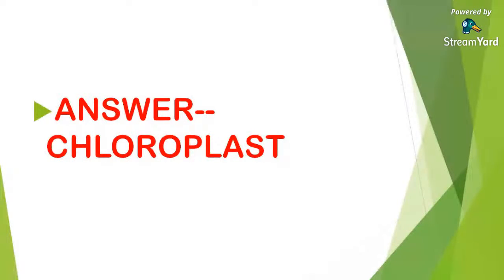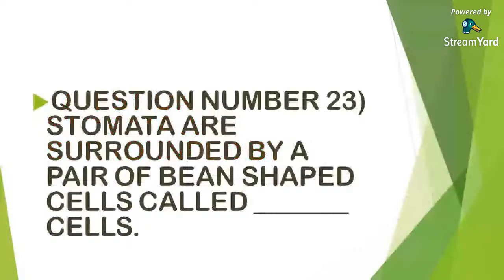Okay. So now, the next question is: stomata are surrounded by a pair of bean-shaped cells called dash cells. Of course, stomata are the openings, pore-like structures present on the under surface of the leaf, and they are very helpful in the exchange of gases.